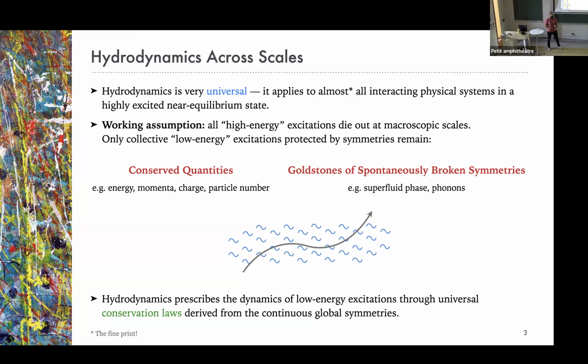So if there's an excitation that cannot decay because of symmetries, it will be conserved quantities: energy, momenta, charge, particle number, etc. Or there will be some Goldstone modes of spontaneously broken symmetries. We heard yesterday about U(1) modes. There are also phonons that are associated with spontaneously broken translations and so on. Other than these two classes, almost everything else decays out at large enough time scales and space scales.